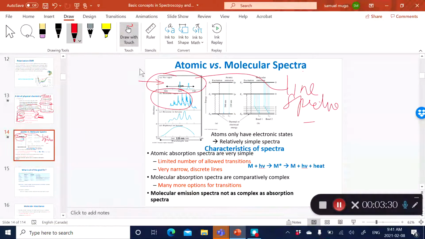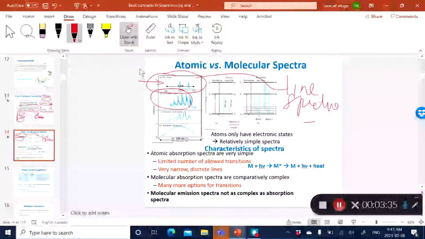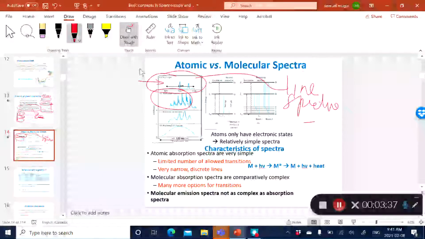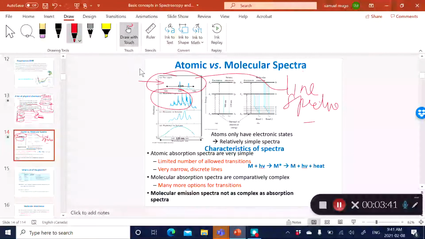Benzene, on the other hand, is a combination of different carbon bonds bound together. And for that reason, the electronic structure is a bit more complicated. And so you can have electronic transitions taking place between the electronic levels, as well as between the rotational and vibrational levels. And that's why you've got a much more complex spectrum.